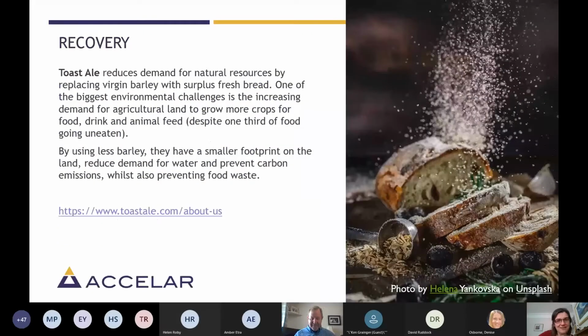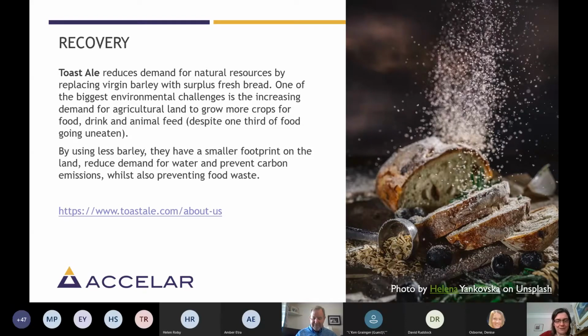And my final example is another recovery one, something that many people are interested in. As the pubs reopen in a slight easing of restrictions, Toast Ale make beer from surplus fresh bread.